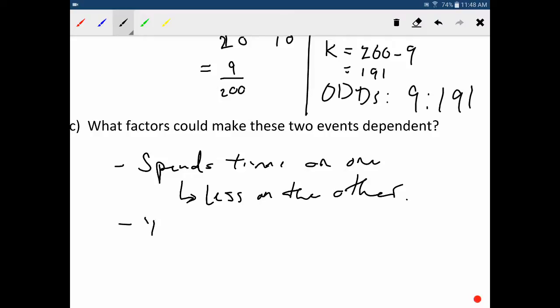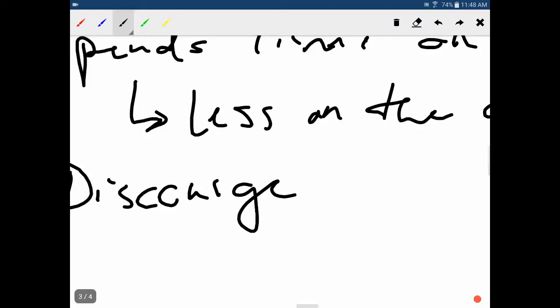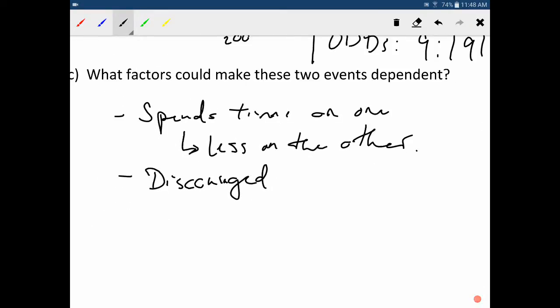She could just get discouraged. Oh, I spelled that wrong. No, and I can't even correct it. There we go. Discouraged. Yeah, well, whatever.